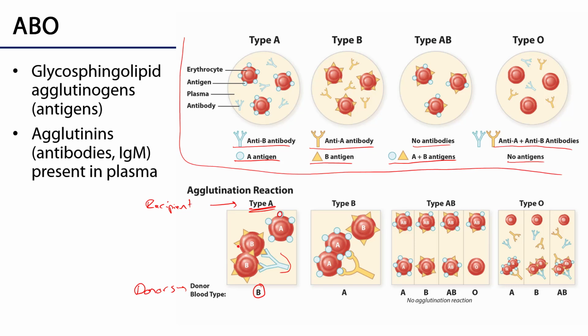Now, the anti-A and anti-B antibodies are a class of antibodies called IgMs. Ig is short for immunoglobulin. So all antibodies are immunoglobulins. So these are types of blood proteins.